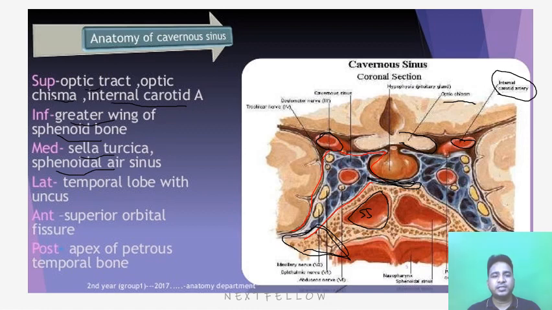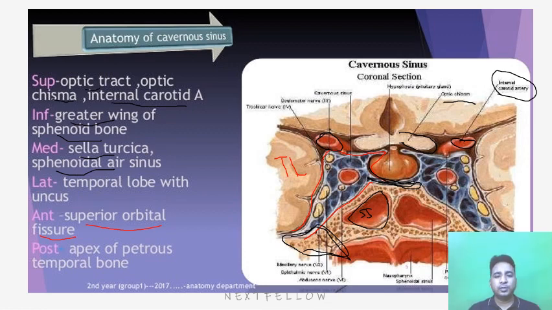And laterally there is the temporal lobe, which forms the lateral boundary of this cavernous sinus. Anteriorly there lies the superior orbital fissure, a fissure present in the sphenoid bone. So we can see this cavernous sinus is mostly covered by the sphenoid bone medially, inferiorly and anteriorly.